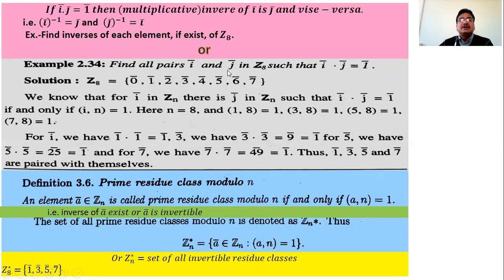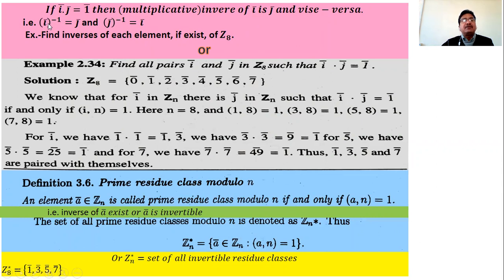So what is the definition of multiplicative inverse? If I bar into J bar is 1 bar, then the inverse of I bar is J bar and vice versa. That is, the inverse of J bar is I bar and the inverse of I bar is J bar. The notation to denote the inverse is I bar raised to minus 1 is equal to J bar.